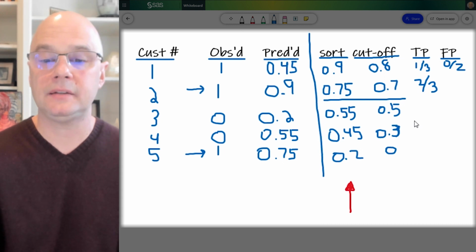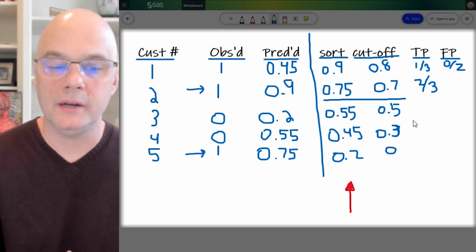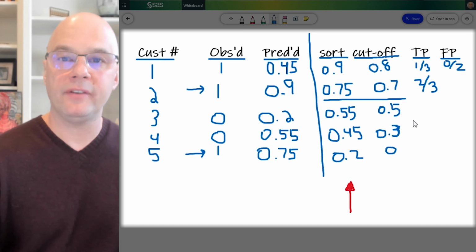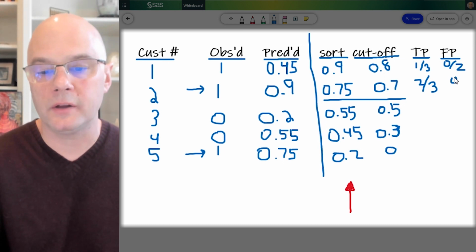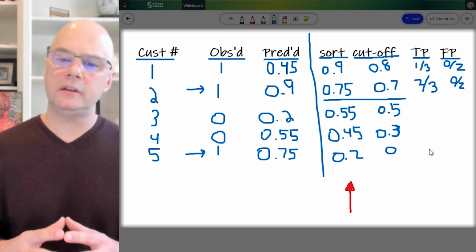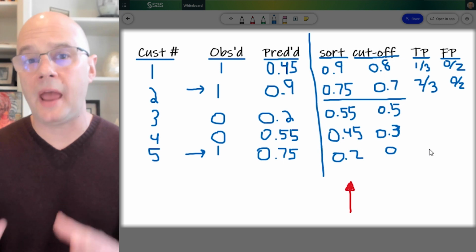I like that. What about the false positive rate? Well, again, I have not captured any of the known zeros yet. False positive rate is still 0 over 2. So from a marketing context, what does this mean on average?